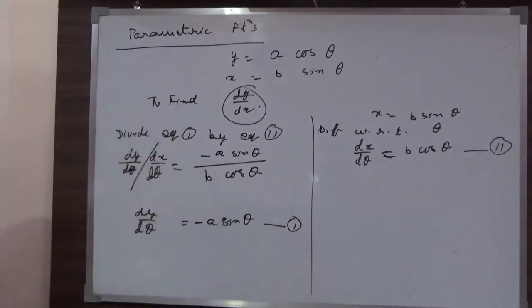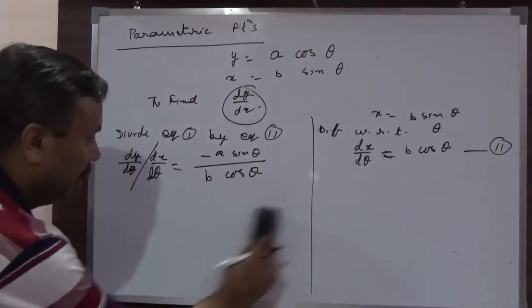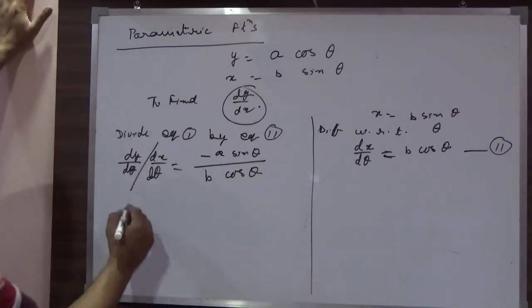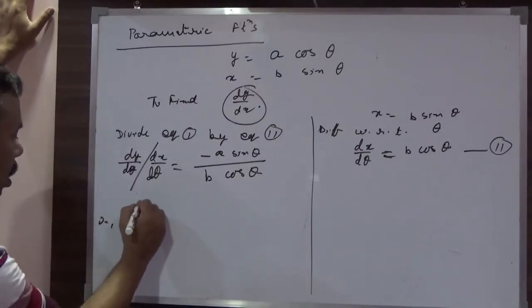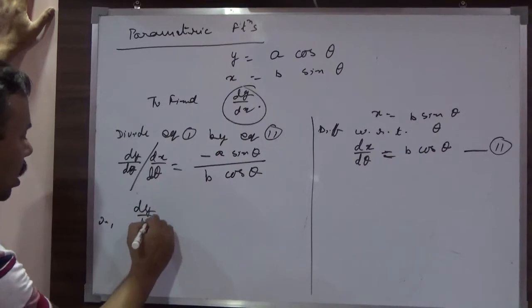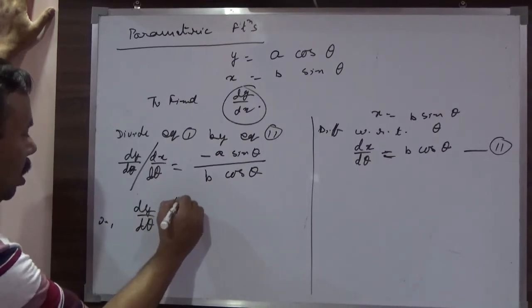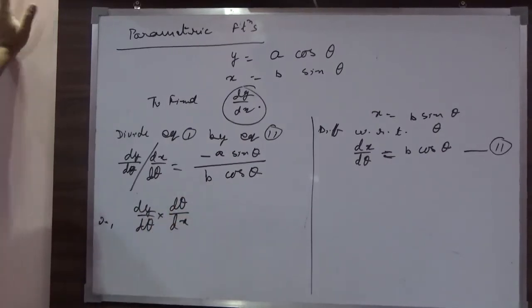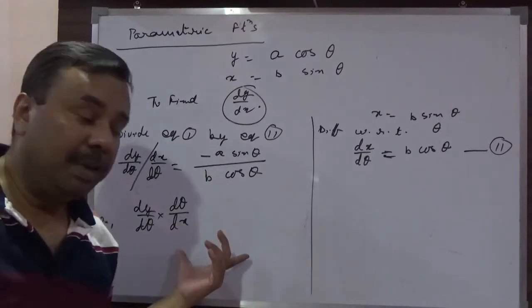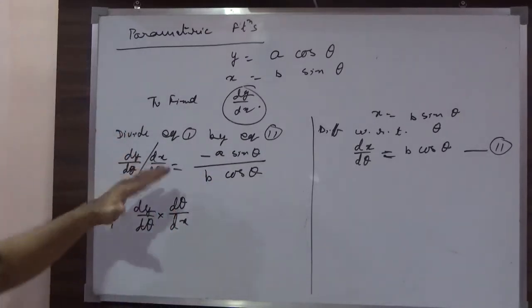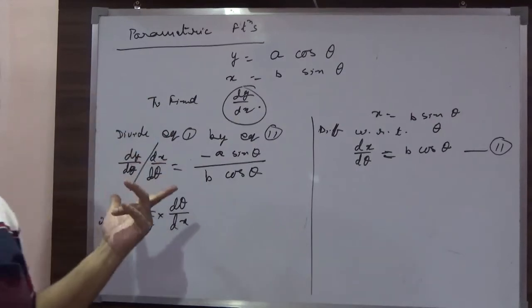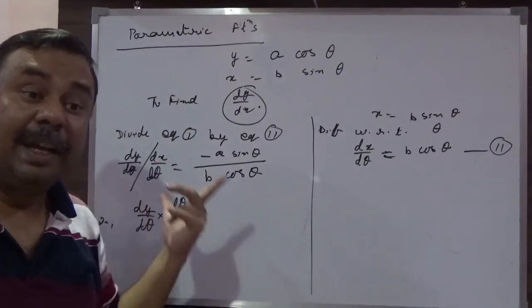Got it? Now I can rub it out completely. So this will become dy by d theta multiplied by d theta by dx, as we have been doing for the division of fractions, where the denominator is taken to multiplication with the reciprocal.